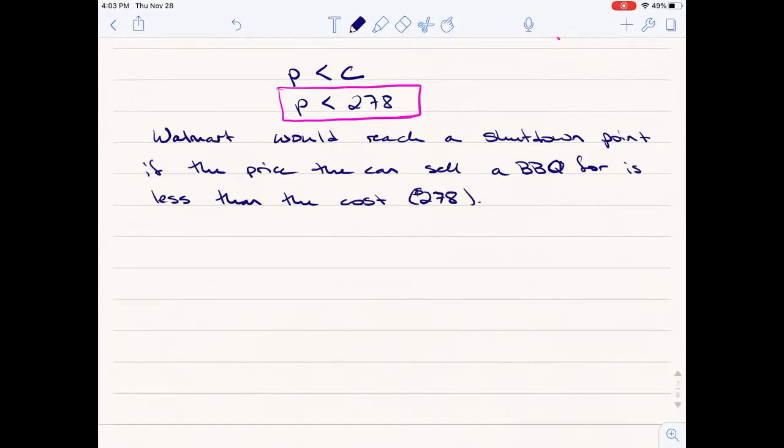Right, they have to spend $278 to buy this barbecue. They have to be able to sell it for at least 278, right?